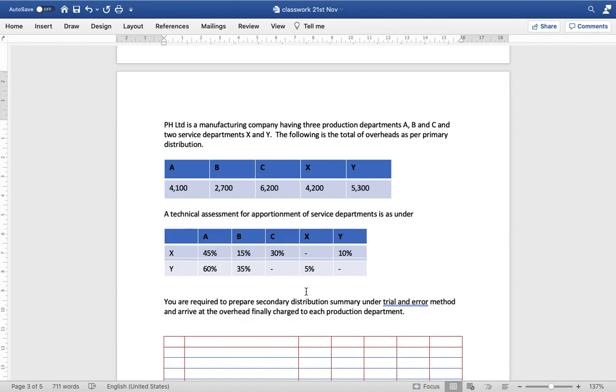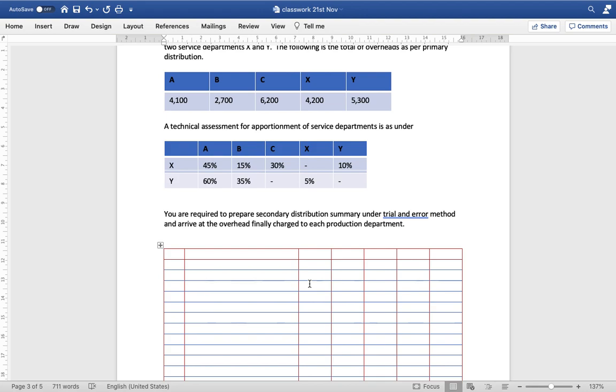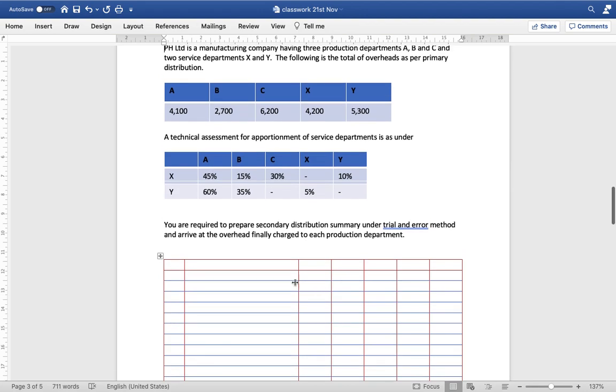So instead of taking all the departments, we are going to take only the service departments. So for that we need only three columns.